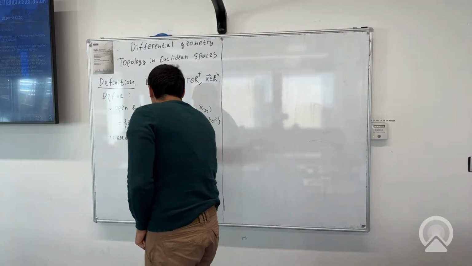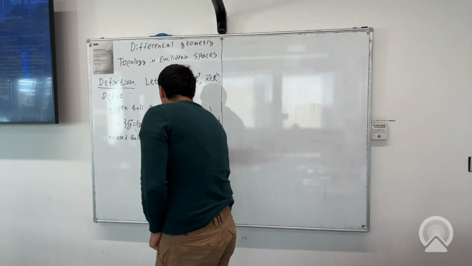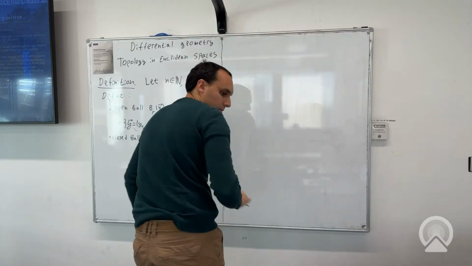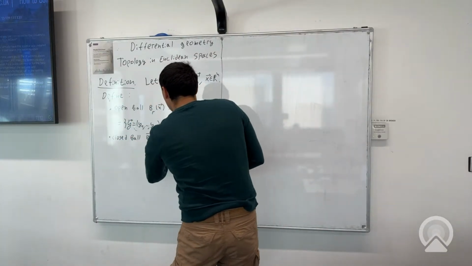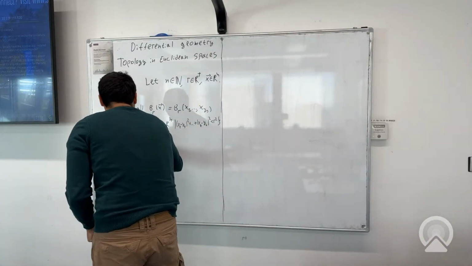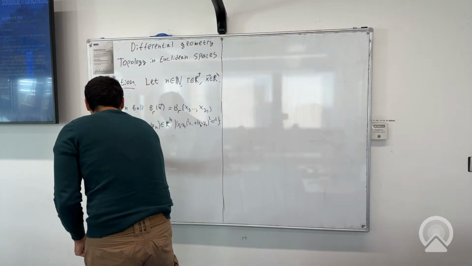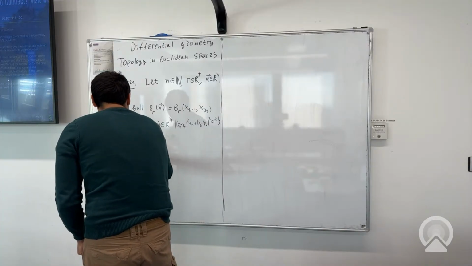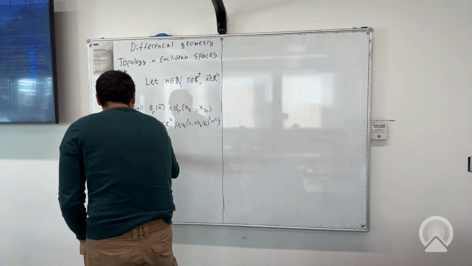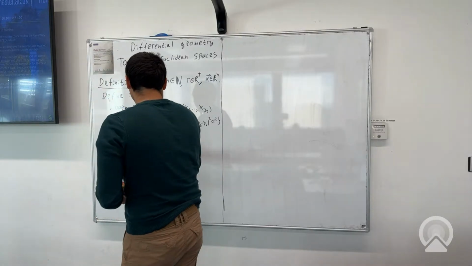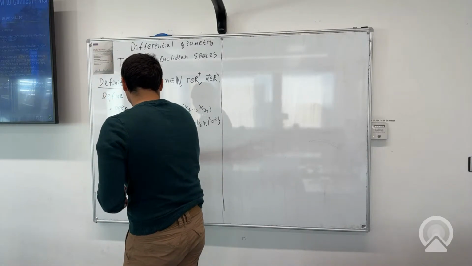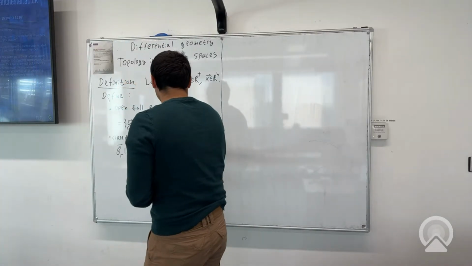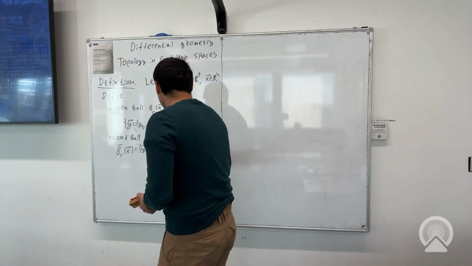This is the space of all y in Rn, the space of all points such that their distance is less than or equal to r.